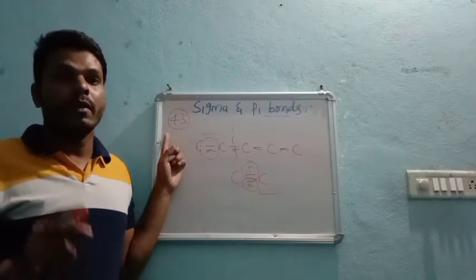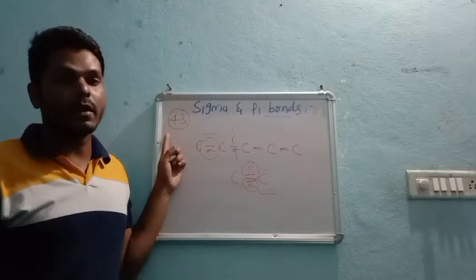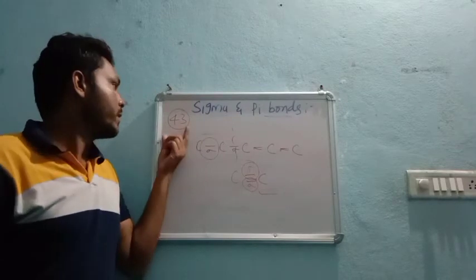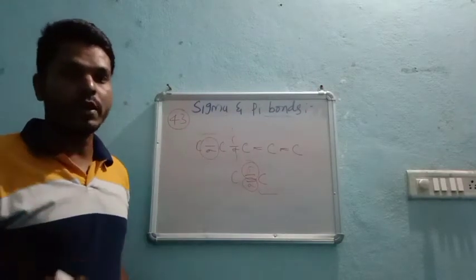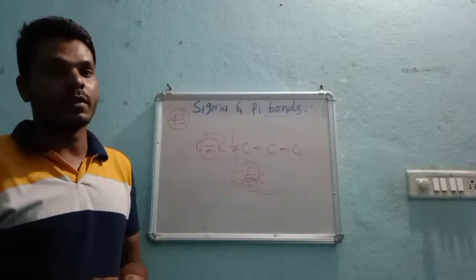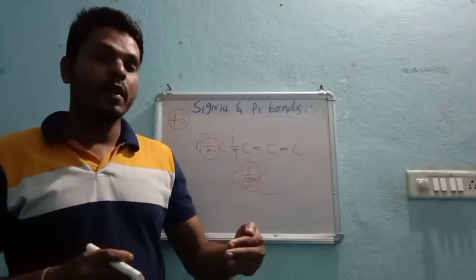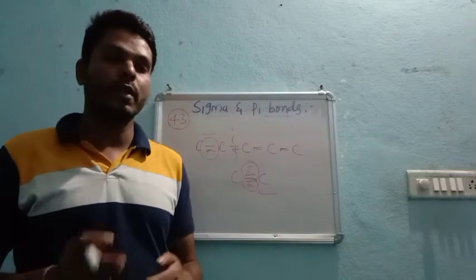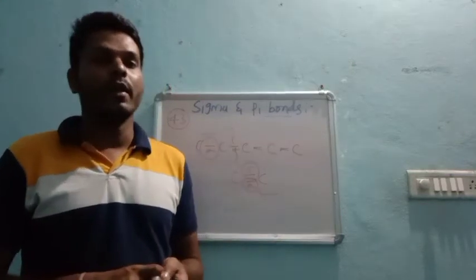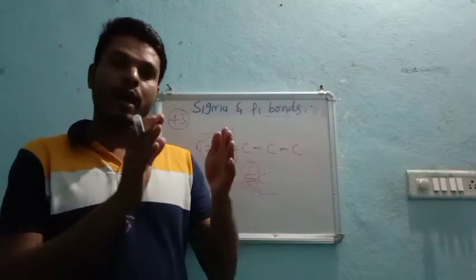So please be attentive during the organic chemistry classes and watch all the videos, because the videos are linked. If you skip one video, then definitely you will skip half of the portion.